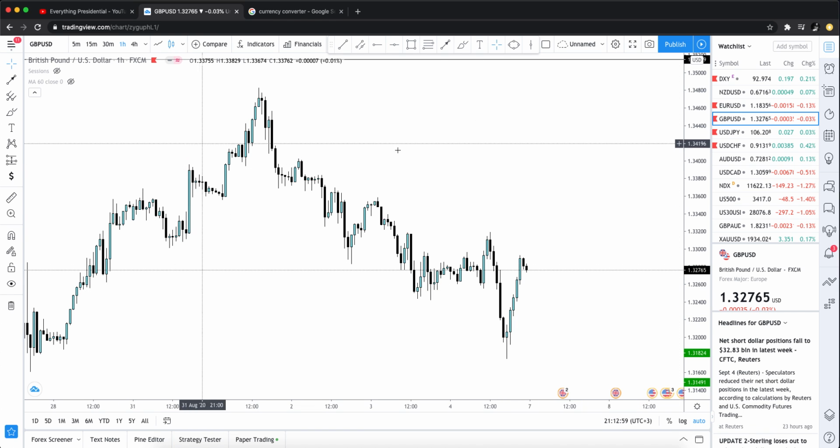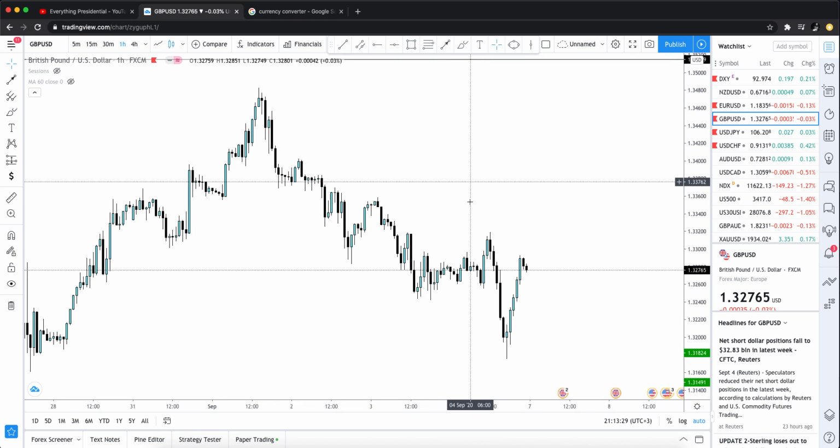So what does this tell me? This tells me that in order for me to buy 1 British pound, I would need to sell how many US dollar? Well, I need to give 1.33 US dollar to get 1 British pound.